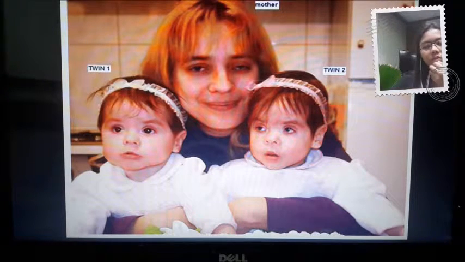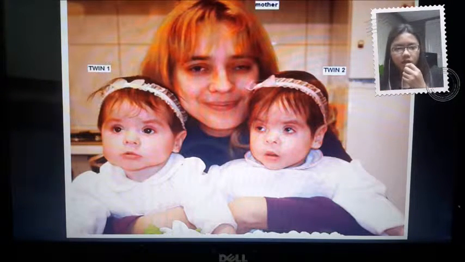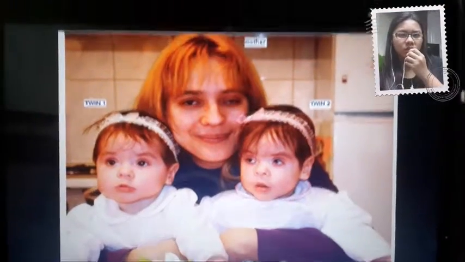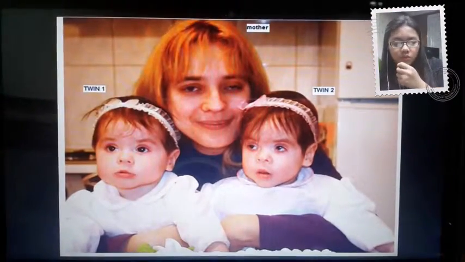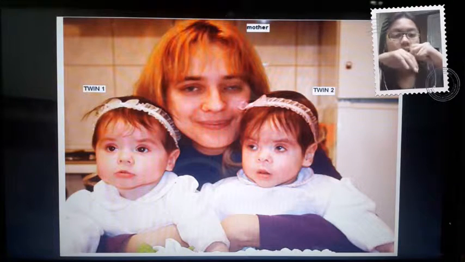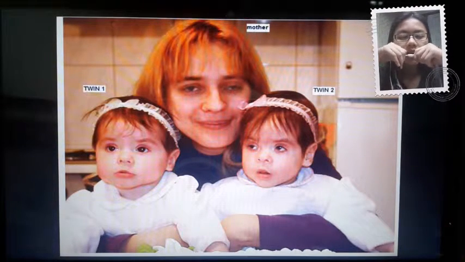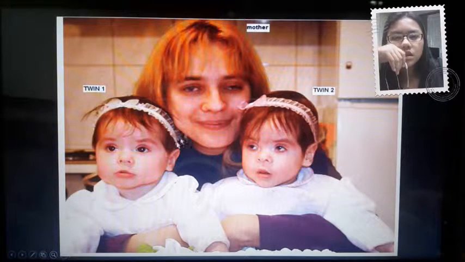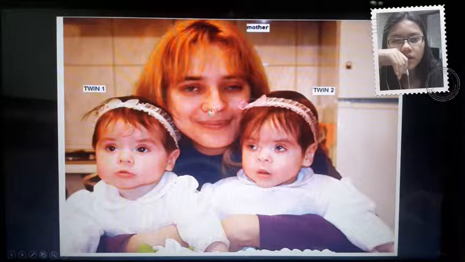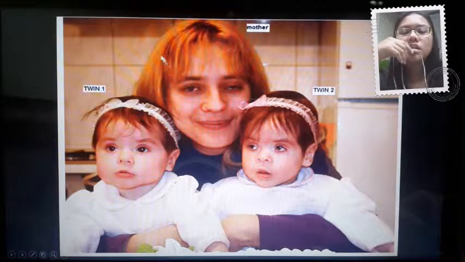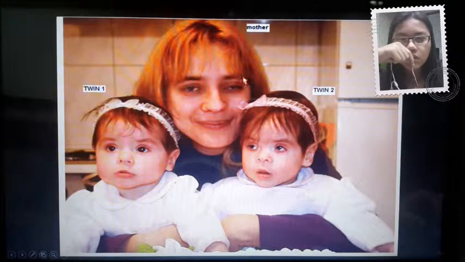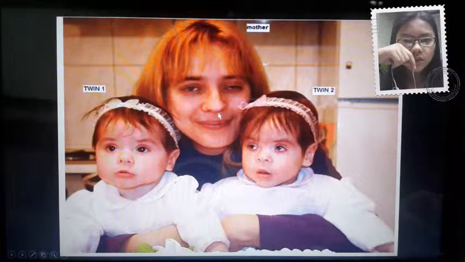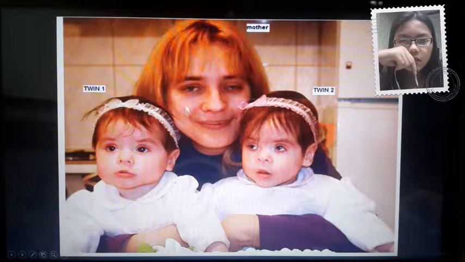This picture is an example of Lujan-Fryns syndrome, also an X-linked dominant inheritance. Here we can see that the eyes don't look normal, the nose is separated by a cleft, and the chin is much more elongated.